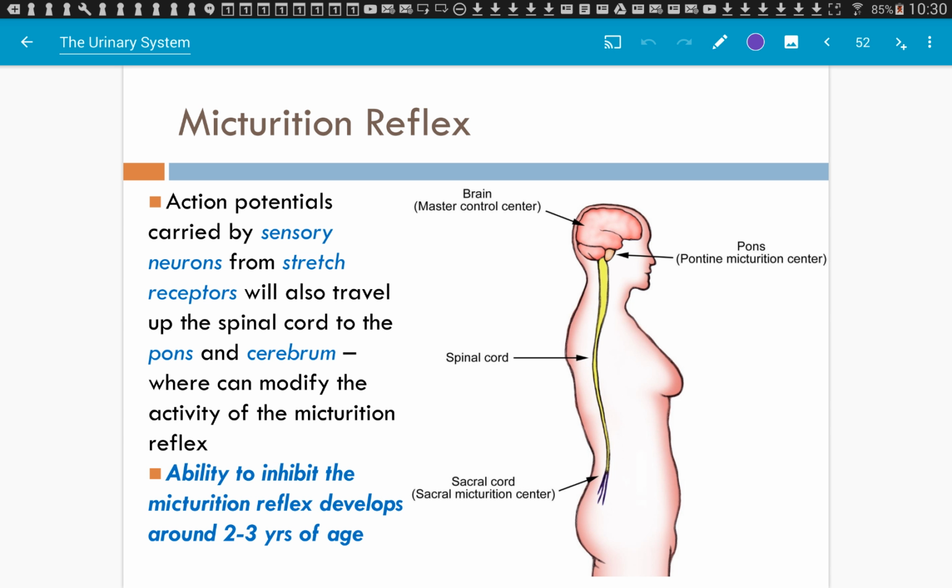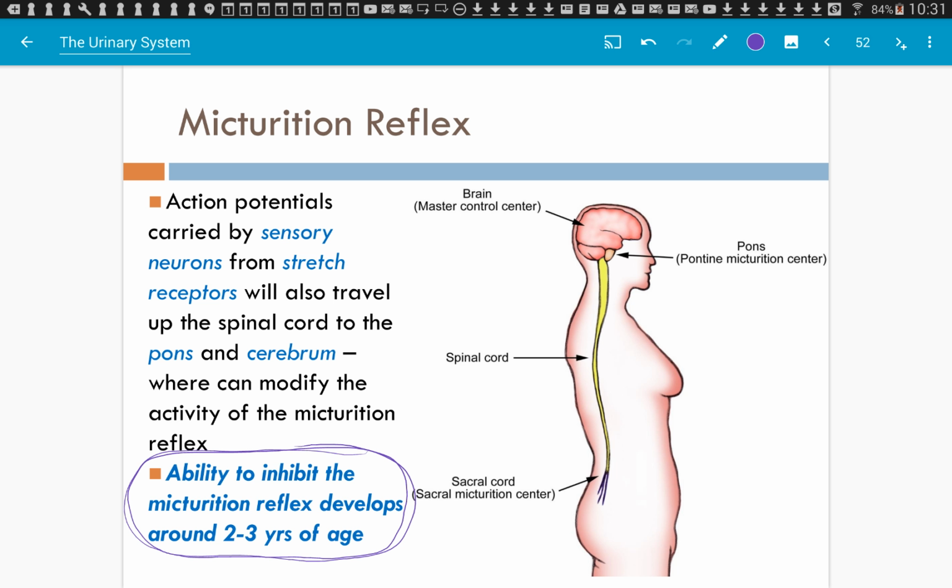So the last bit that is really important, I think a lot of people don't realize, is that you can't learn how to inhibit that micturition reflex until a child is 2 or 3 years of age, because it requires the development of the nervous system and the connection of neurons to actually allow this to occur.